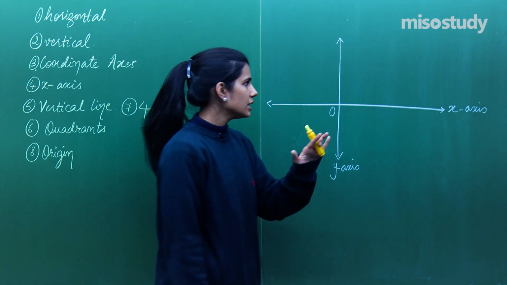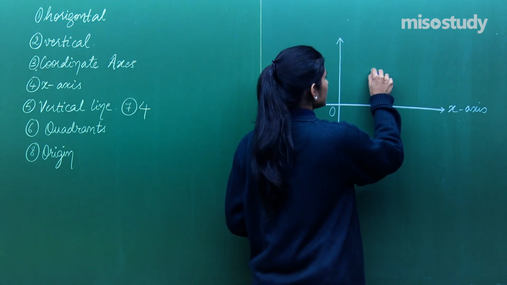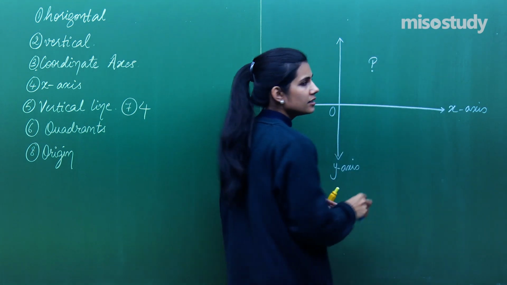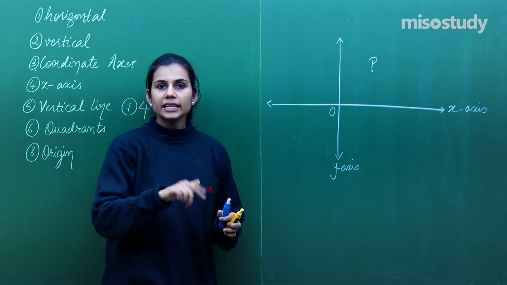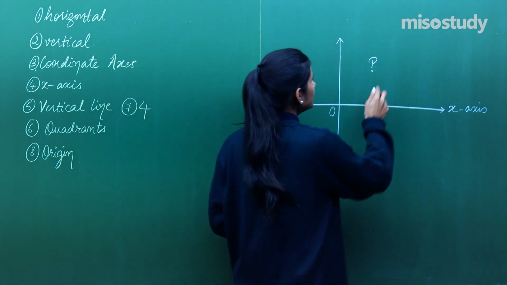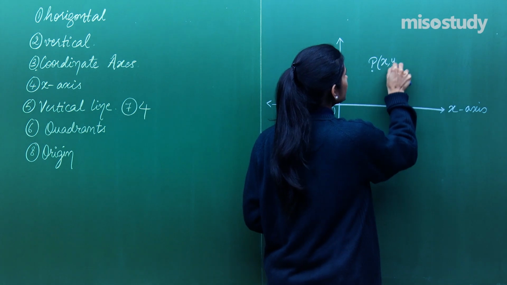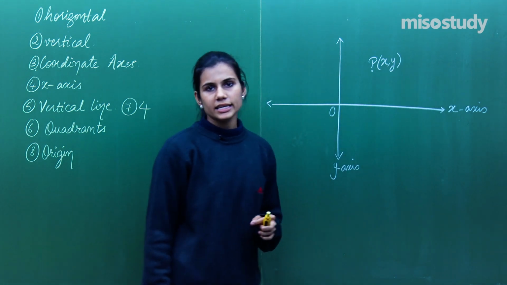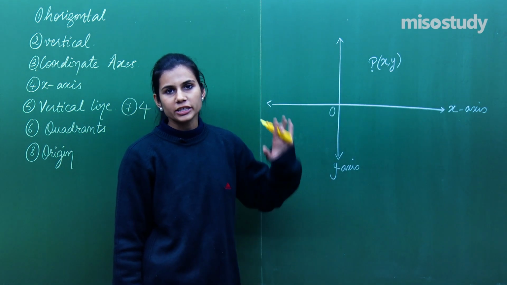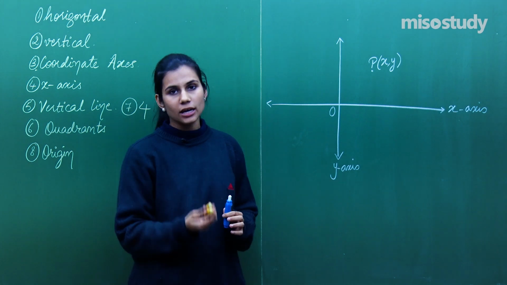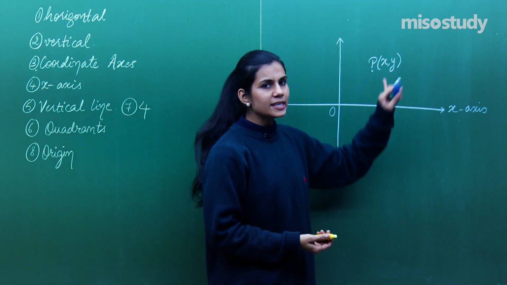Now suppose this is my point, say P, how to determine its coordinates? That means what is x and what is y such that (x, y) is the coordinate representation of point P.